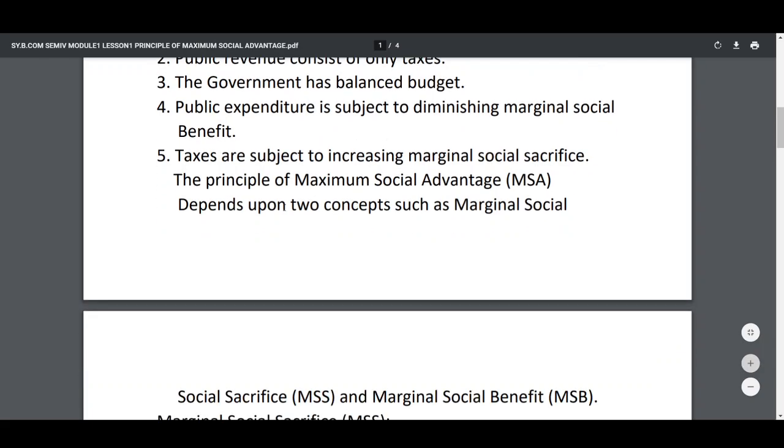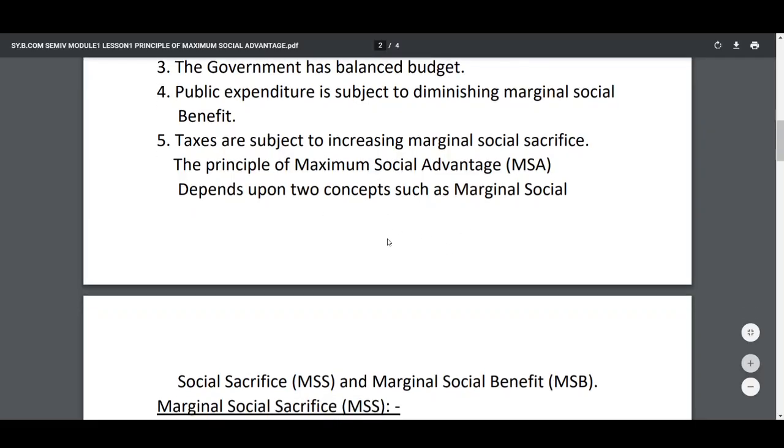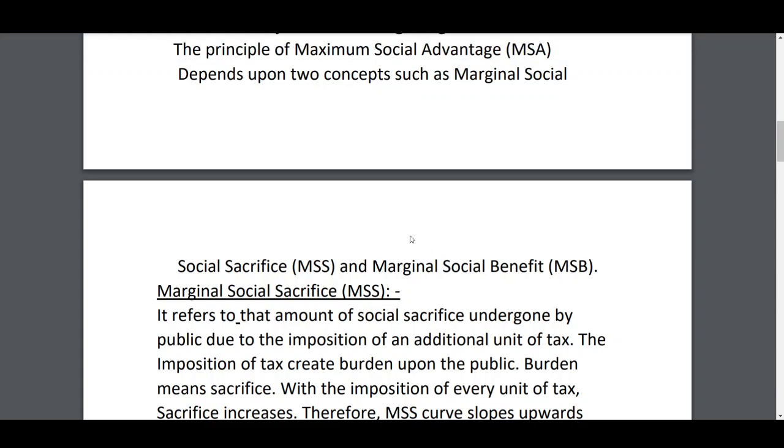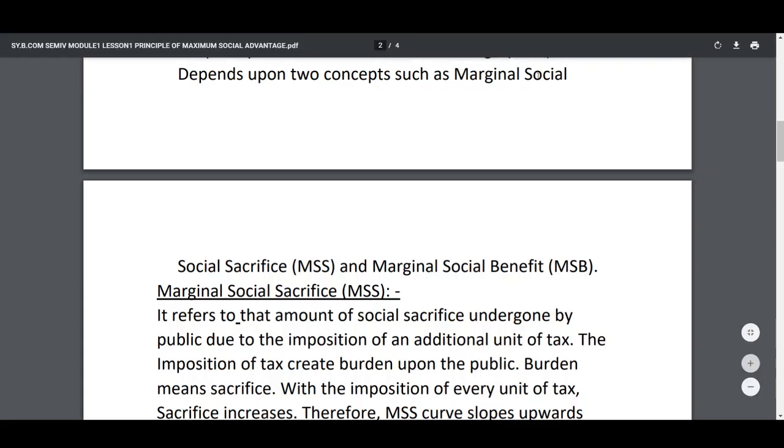Now, the principle of maximum social advantage, or MSA, depends upon two concepts: marginal social sacrifice, in short MSS, and marginal social benefit, in short MSB.